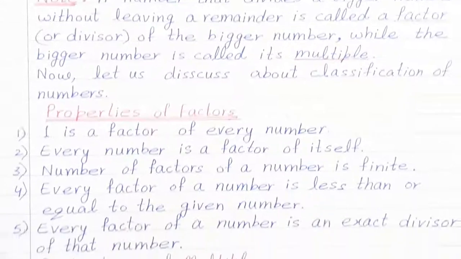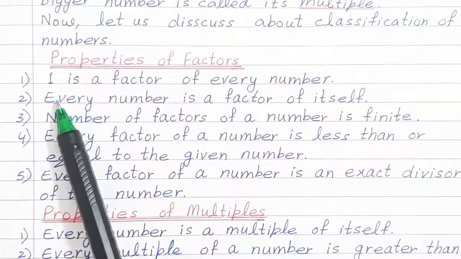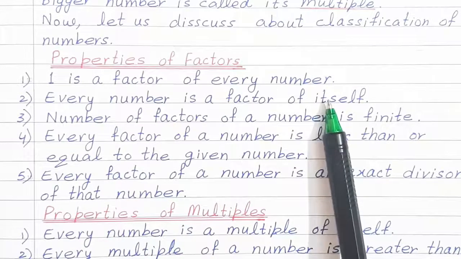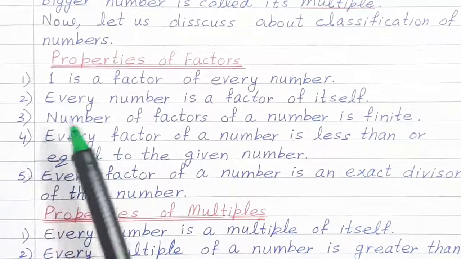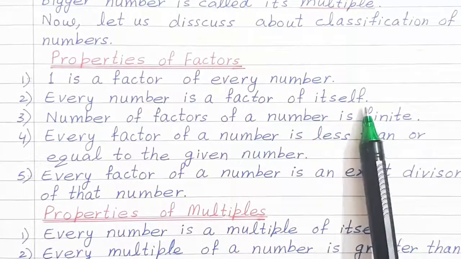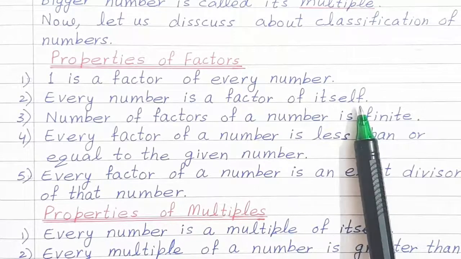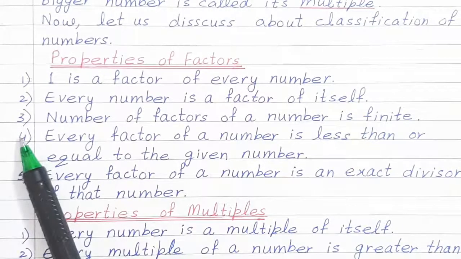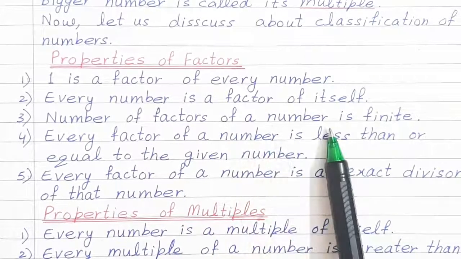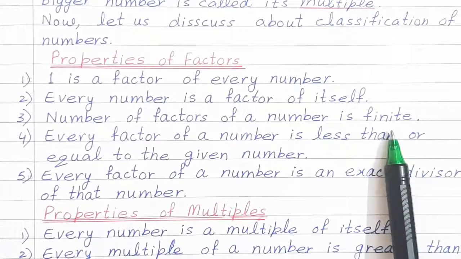So, number 1 is a factor of every number. Second, every number is a factor of itself. Right? Number 3, the number of factors of a number is finite.